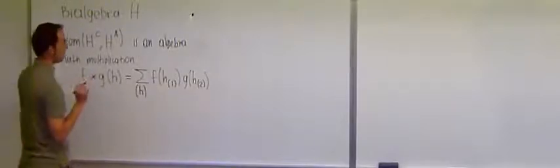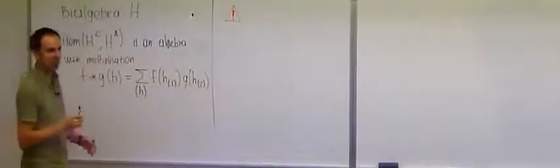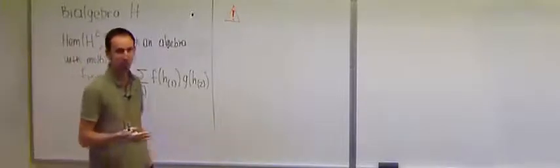Now, I wanted to actually start by making a comment, a warning, because this created some confusion, and very understandably so. The warning is that we have two identities here. We have two identities lying around, and we use them both, and we even write them in the same equation, right?